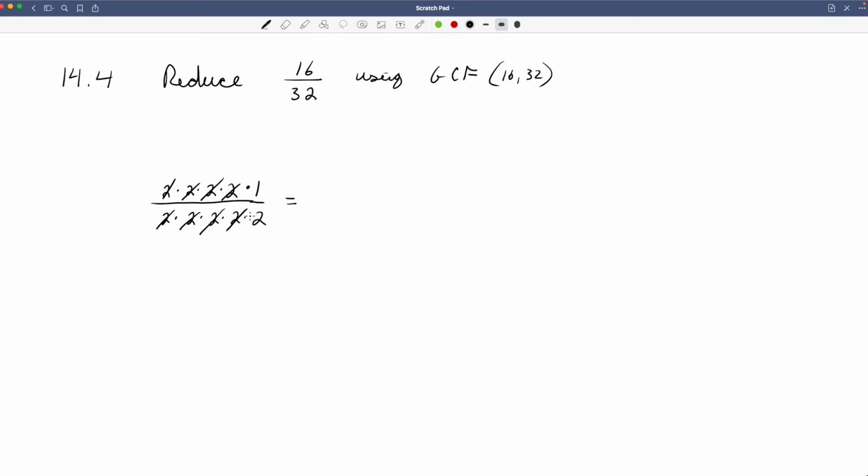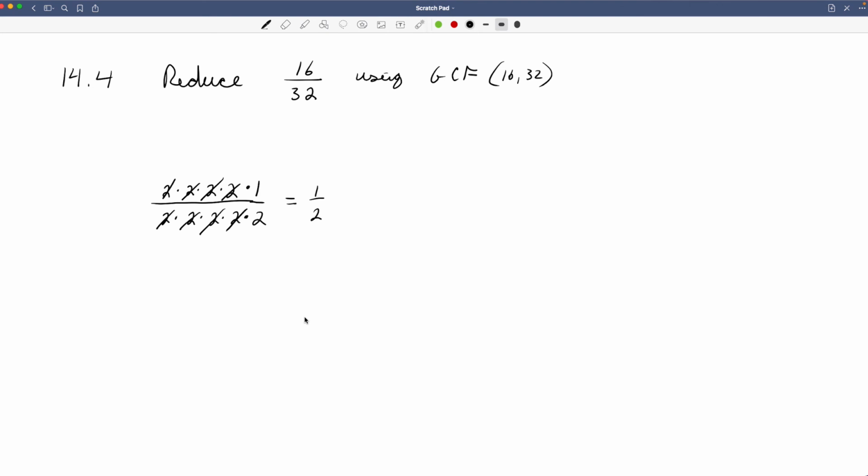It's called the identity property of 1. Any number times 1 is the value of that number. So whenever you eliminate all the factors, you can put a 1 in its place, and it's like a placeholder. It holds the value. So that means we have factors of 1 over 2 remaining, and that is the reduction of 16 over 32 using the GCF method.